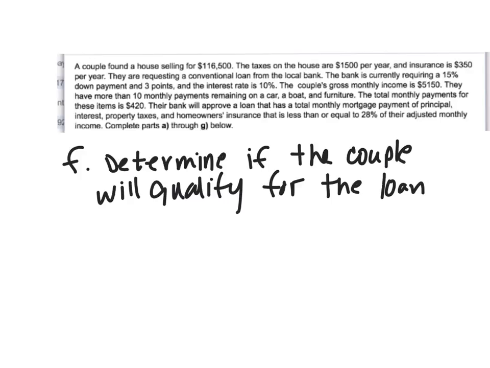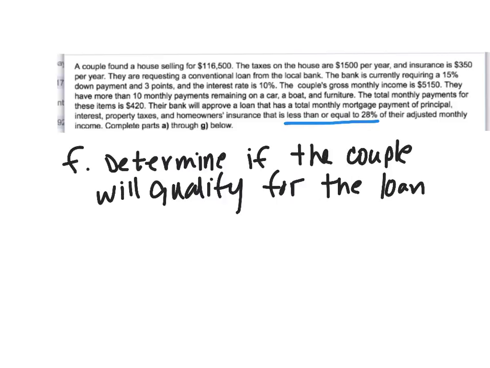Okay, part F is asking you to determine if the couple will qualify for the loan. Remember that it says that they'll qualify if their payment, including the taxes, homeowners, all of that, is less than or equal to 28% of their adjusted monthly income. The reason that we answered all those other previous questions is to set us up for answering that question.